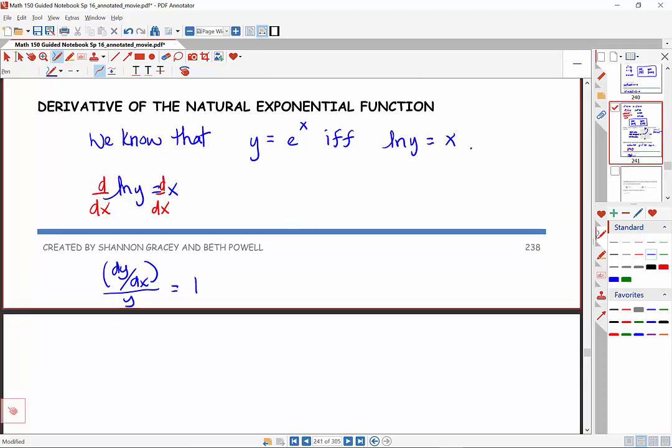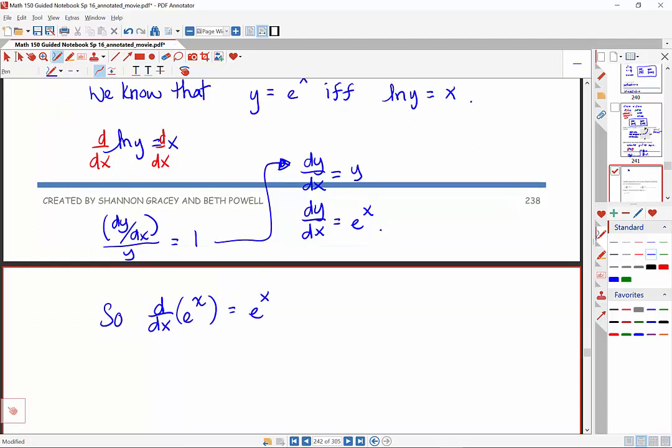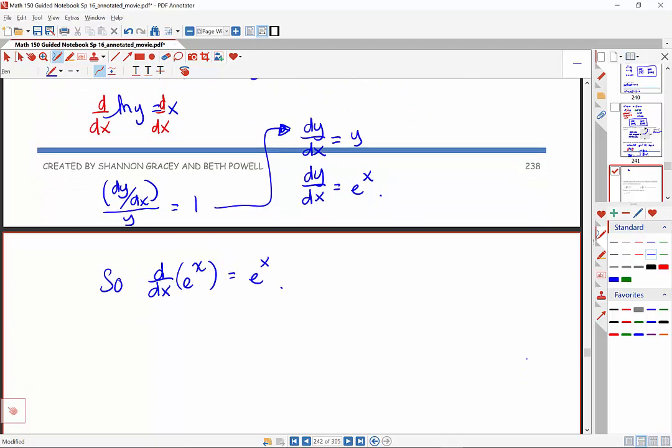So isolating our dy dx, we would have dy dx is equal to y. But what was y? e to the x. So isn't that awesome? What we found was the derivative with respect to x of e to the x equals e to the x.